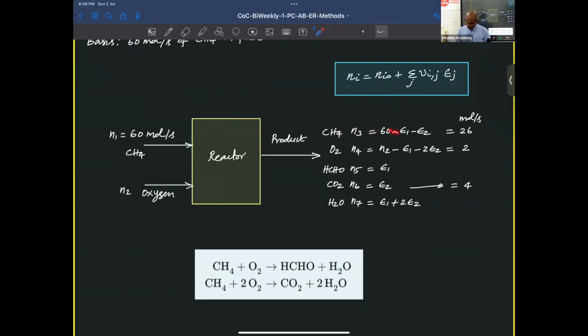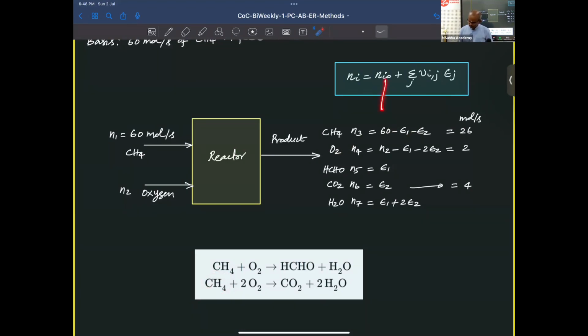Why do we have negative? Because the stoichiometric coefficients for the reactants are negative. For the products it is positive. Nu is positive for the products and negative for the reactants. So that's why minus E1. Why is it 1? Because the stoichiometry coefficient is 1 for CH4, 1 for O2, like that. For CH4, in the first reaction, the stoichiometry coefficient is minus 1, and for the second reaction also, it is minus 1.